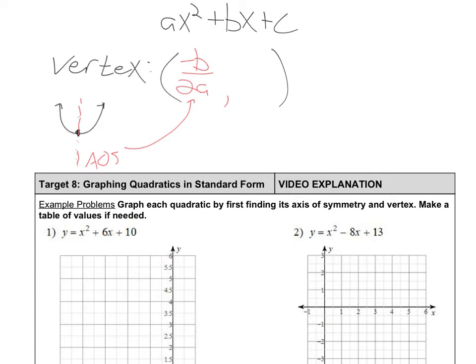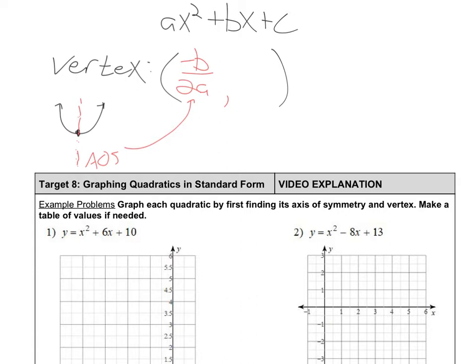Some of you might be looking at that thinking, hey, that looks familiar from the quadratic formula. And yeah, you'd be right. To get the y value of the vertex, we're going to take whatever this x value is and plug that back into the function.